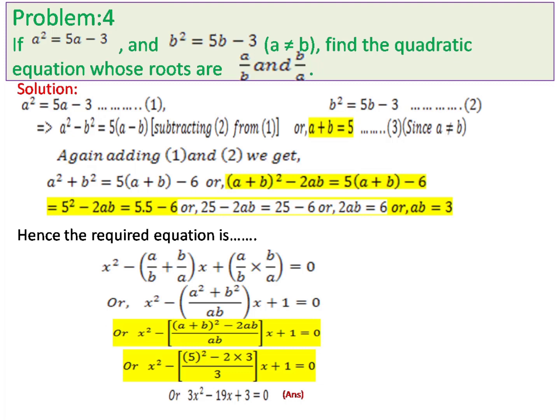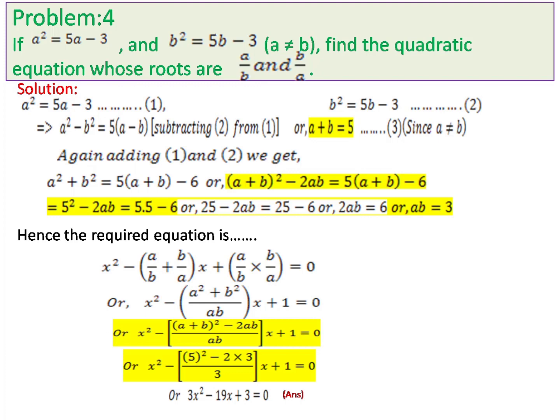It is possible because a minus b is not equal to 0, as in the question a not equal to b. So a minus b is not equal to 0 and it is cancelled. And from this we get a plus b equals 5.